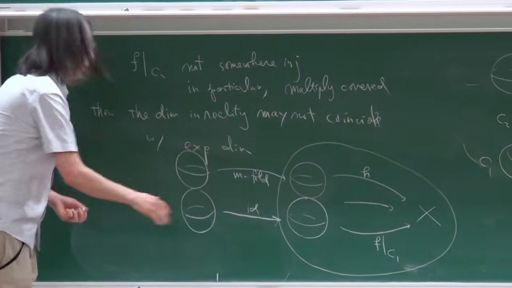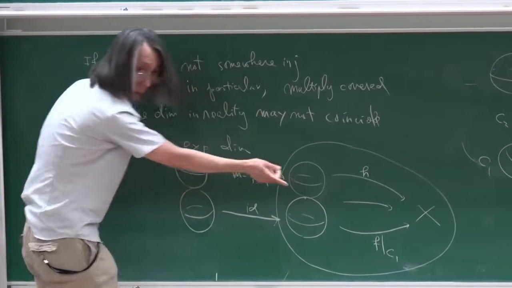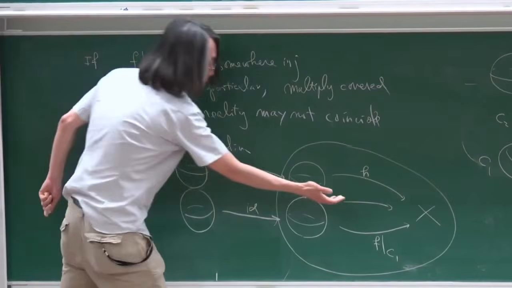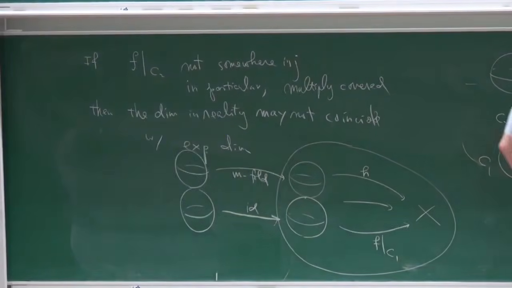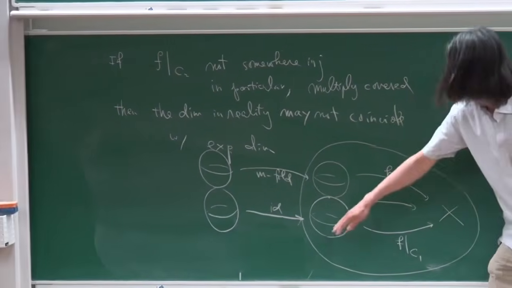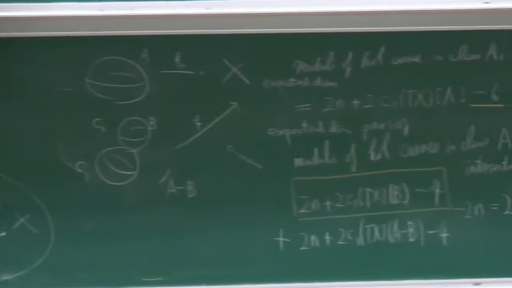This is just simply a geometric construction of taking the m-fold cover of this. So if such a thing exists, then you cannot really avoid it. If you want to avoid such a thing, then certainly you also have to avoid this. But because the dimension is not behaving so nicely, it is not the case.